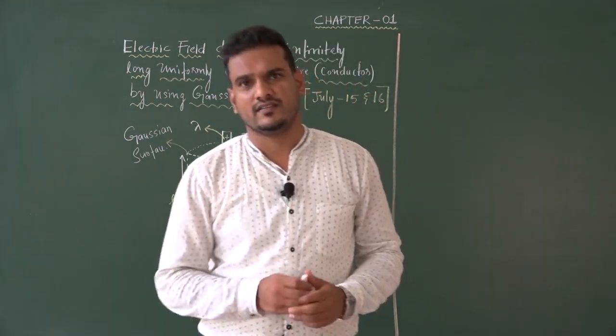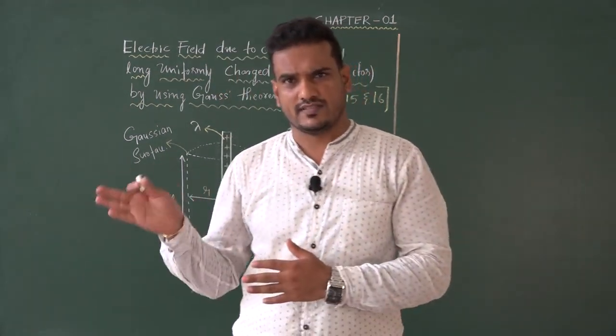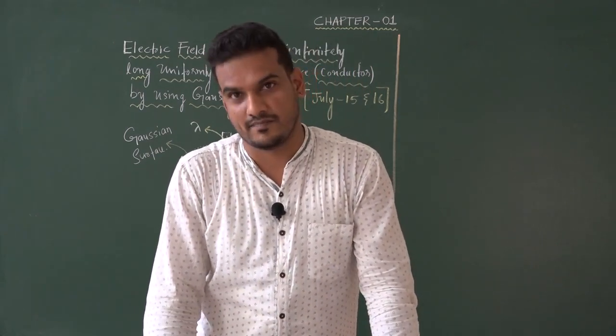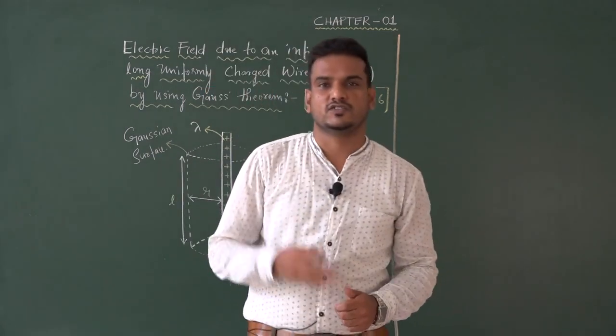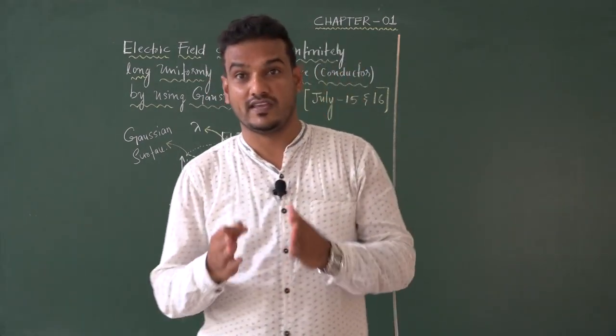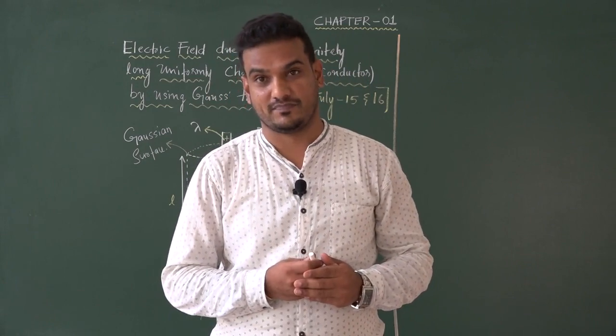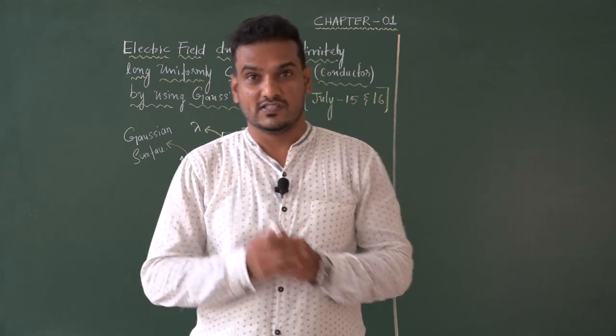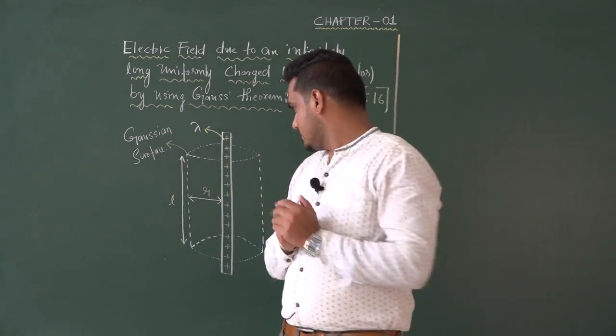And one more thing we must know to derive this, that is electric flux. Electric flux is nothing but the total number of electric lines of force passing through the given surface normally, and we have an equation for that: phi is equal to EA cos theta. So let us derive this.